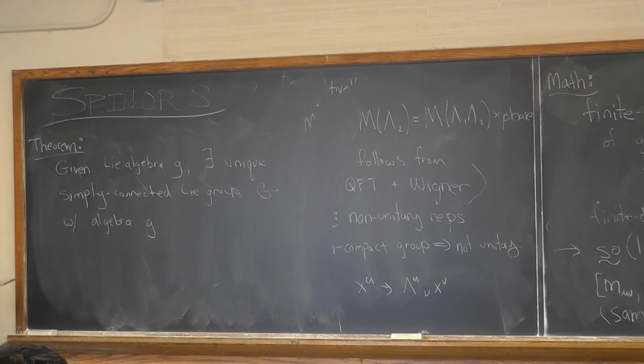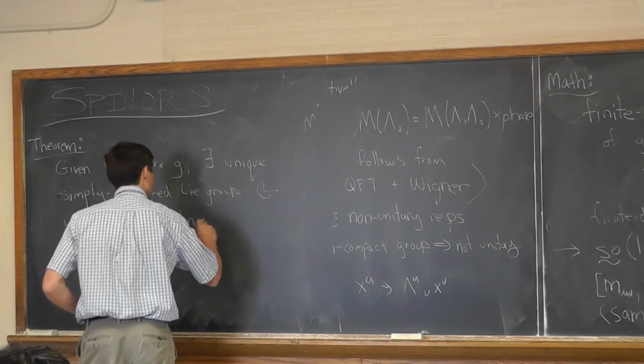Okay, so groups and algebras are different things, but if you require the group to be simply connected, there's a one-to-one correspondence. There's precisely one simply connected group for each algebra.